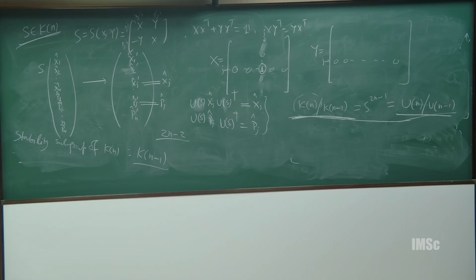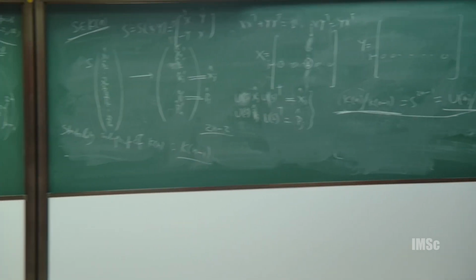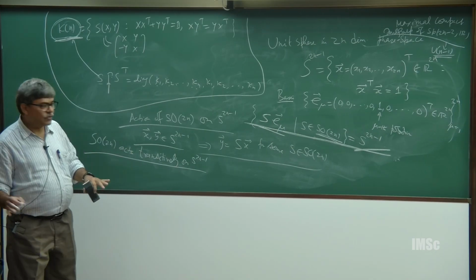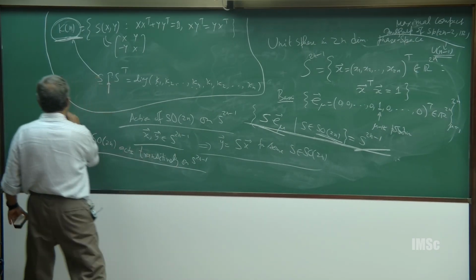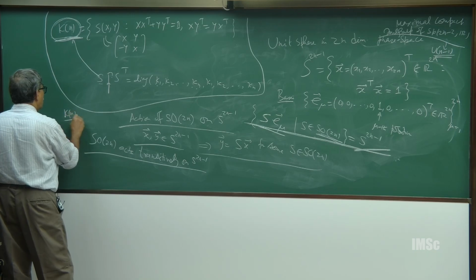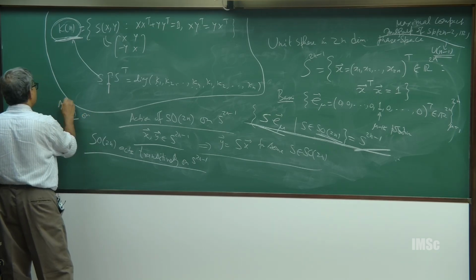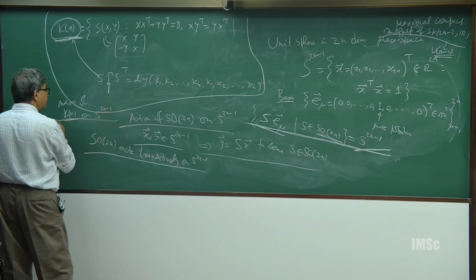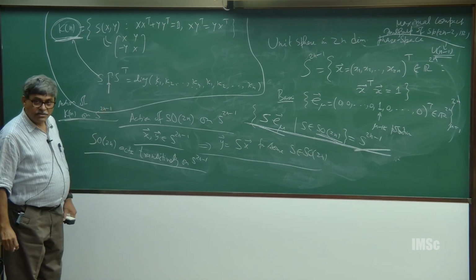Okay. Is it clear or no? Is that okay, right? Now, what I want is the action of K n on S2n minus 1. Is it also transitive? This is what we want.